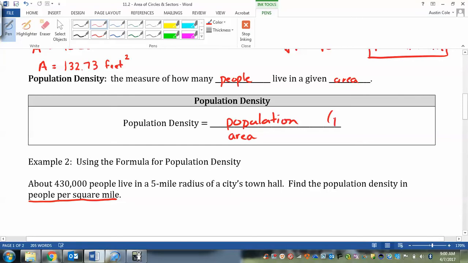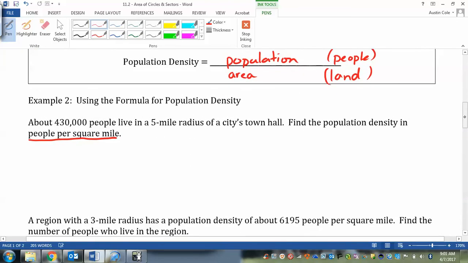So this is in people, and this is in land area. So I know I'm going to take 430,000, and I'm going to divide that by the area that we're using here.